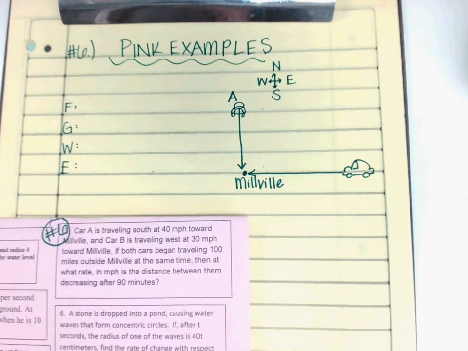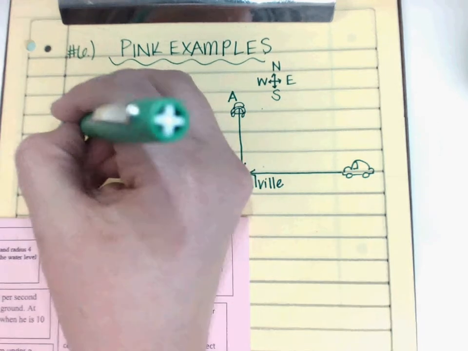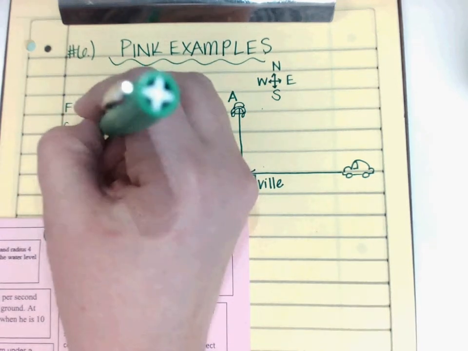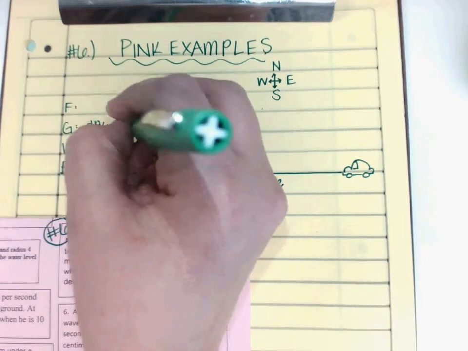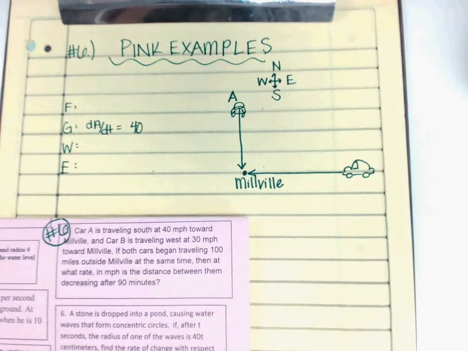Okay, it says car A is traveling south 40 miles per hour. What is that for my given? How fast is car A going? 40, that is dA/dt. So the speed of car A is how fast that side is changing. Now, question, should it be a positive 40 or a negative 40?